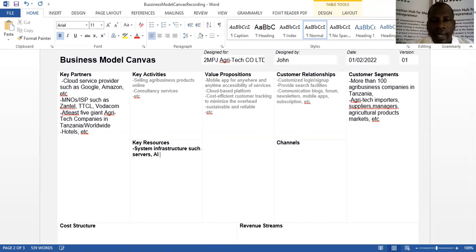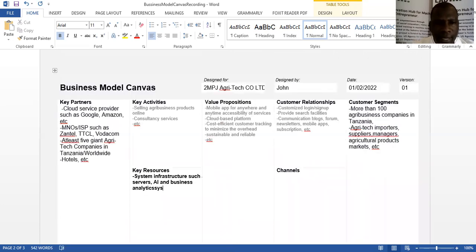And other things, because this is a business, we will need to procure AI and business analytics systems.